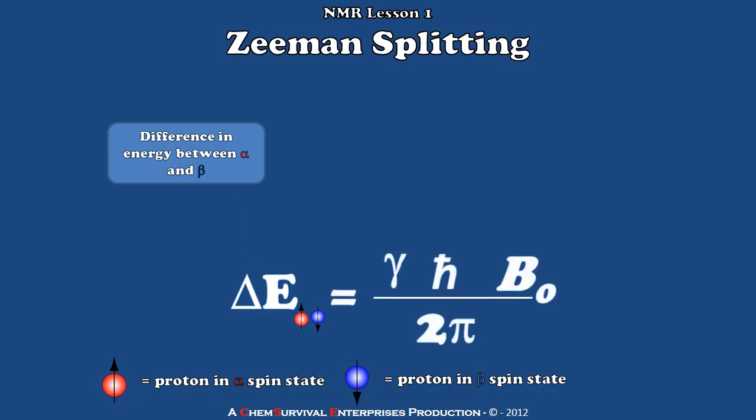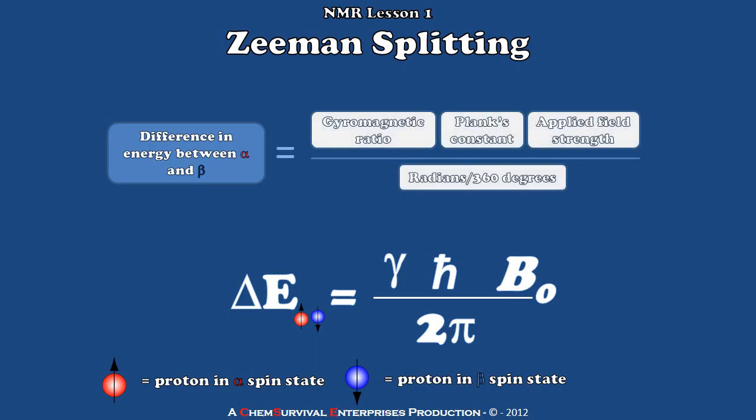It can be calculated using a series of constants, including the gyromagnetic ratio, which is an intrinsic property of the nucleus, the same for all protons. Planck's constant, which is, as the name implies, constant. The strength of the field that is causing them to align in the way that they are. And sometimes you'll see a 2 pi term in there to convert from radians to degrees.